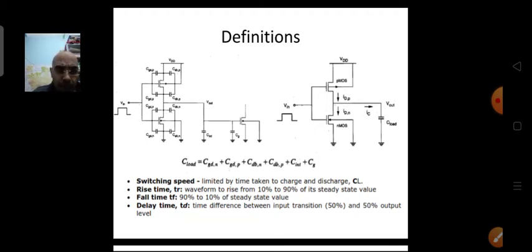If we combine these various capacitances and assume they are all included in one lumped parameter, called the load capacitance, C load, then considering this, we can calculate the impedance of the circuit.